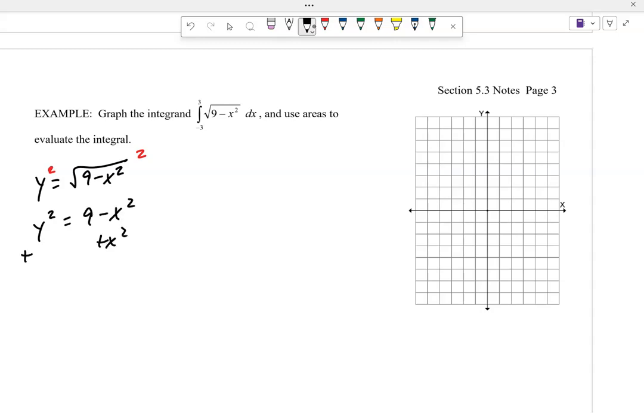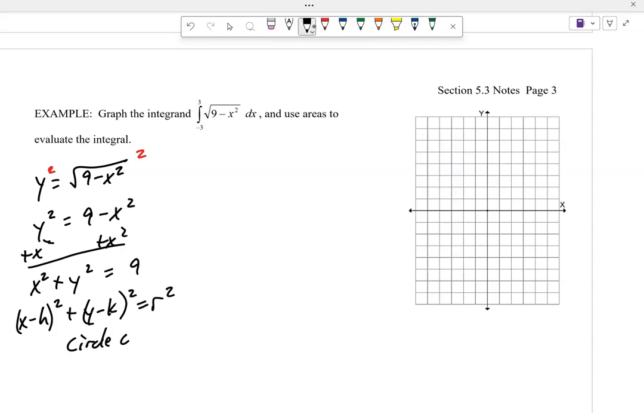And then I added x squared to both sides. See how we have a circle with HK is 0, 0. So it's a circle centered at HK 0, 0 with a radius, r squared equals 9, with a radius of 3.